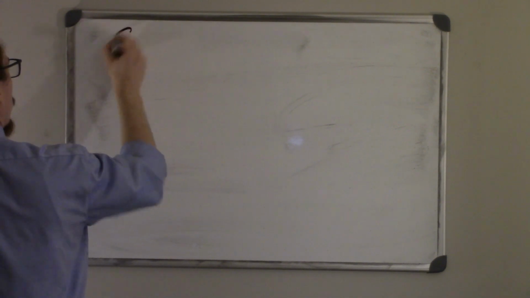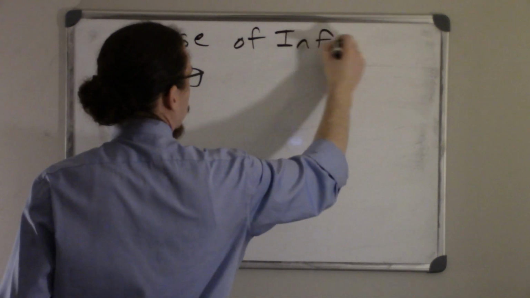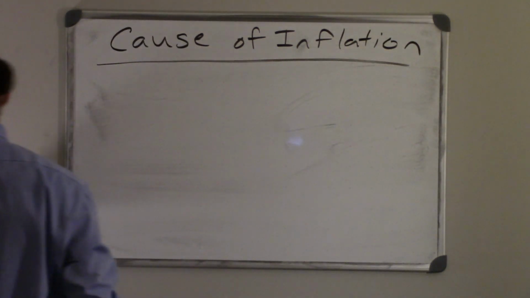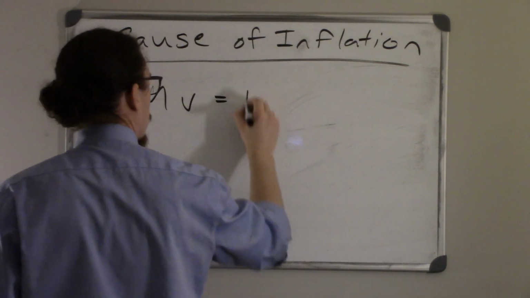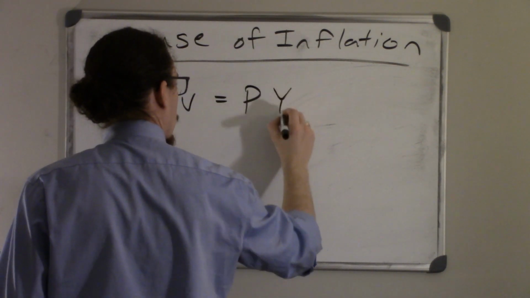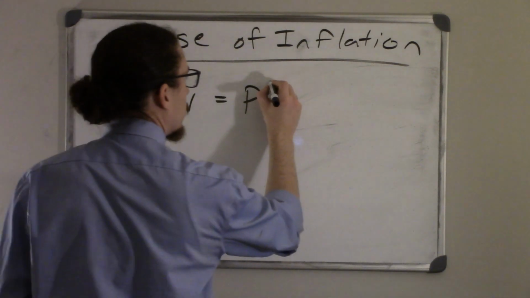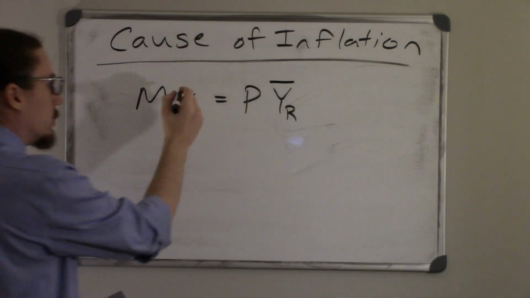If we are looking at the cause of inflation, we can set up our equation. We just said that real GDP was pretty stable, so we're going to treat it as though it is constant. It is not going to change.